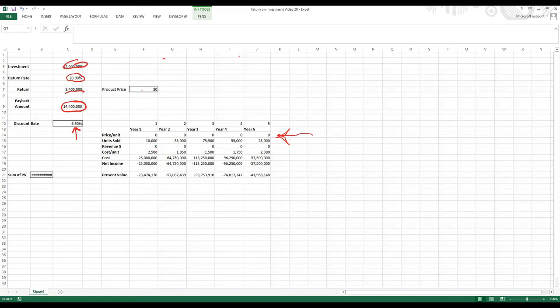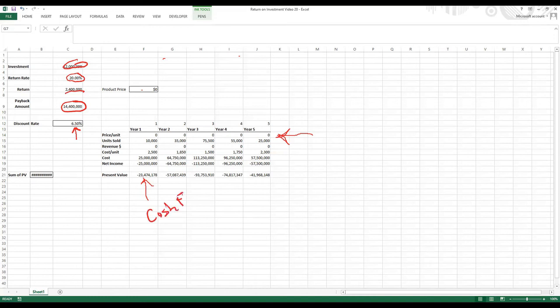And again, taking this cost per unit times the units sold will generate what the total cost is every year. And then that will allow us to calculate what the net income stream is for every year of the 5 years.